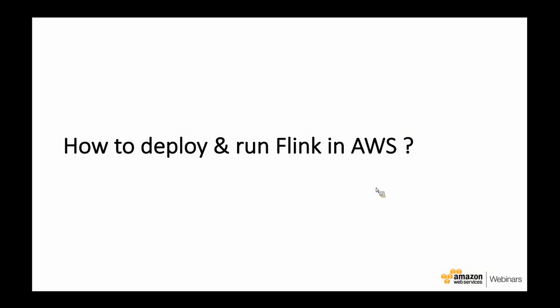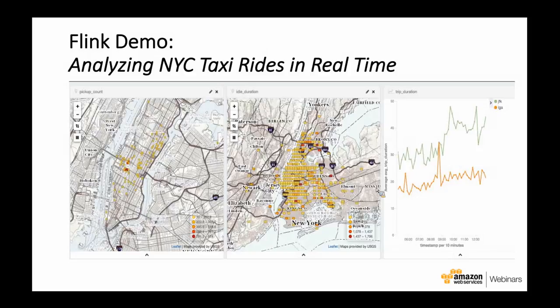Okay, so the question now is, how do you deploy and run Flink in AWS? Well, for that, we're going to do an interesting demo here. It's a visual demo. These are screenshots showing what the final results look like. Just so you're prepared, what it's showing are maps with real-time information superimposed on the maps.